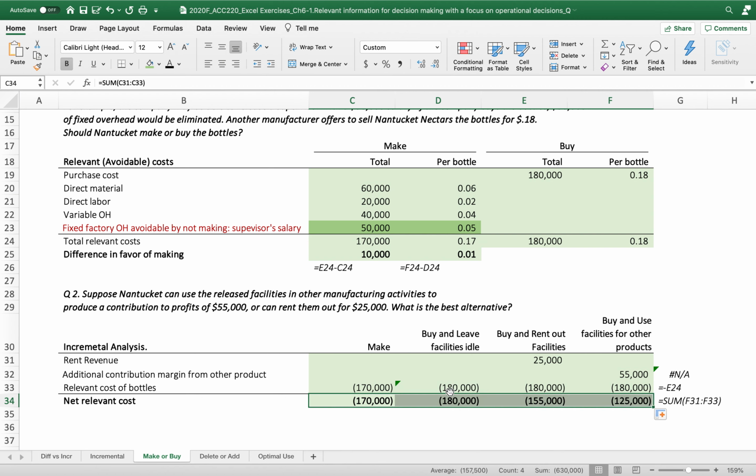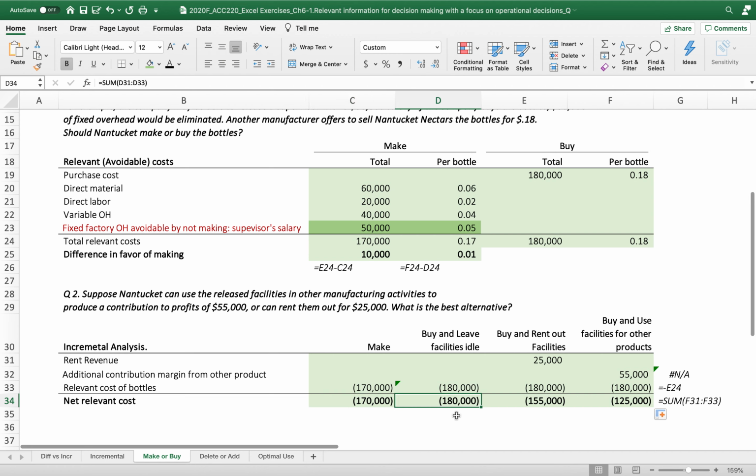Then in the making case, the cost is 170. In the buy case, $180,000 is the cost. But we can reduce the cost by $25,000 when we rent, because we receive the rent revenue. So the 155,000 is the net relevant cost.